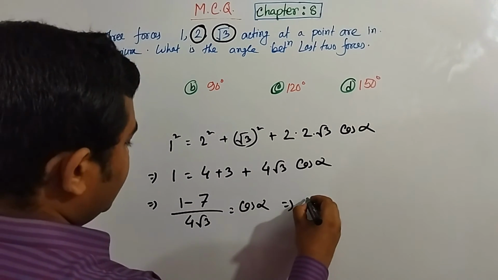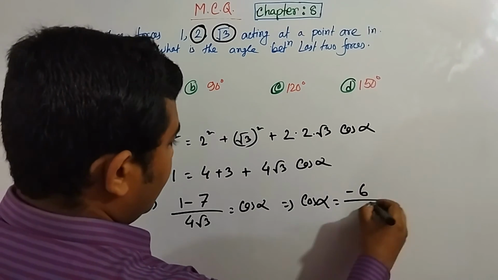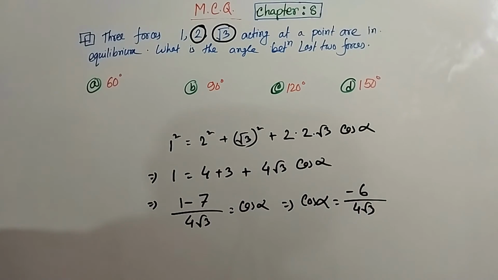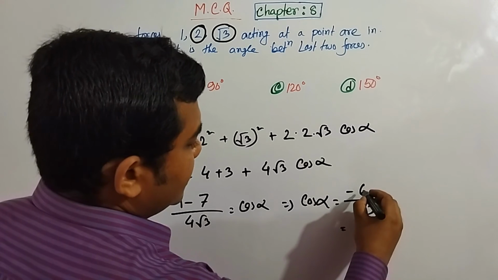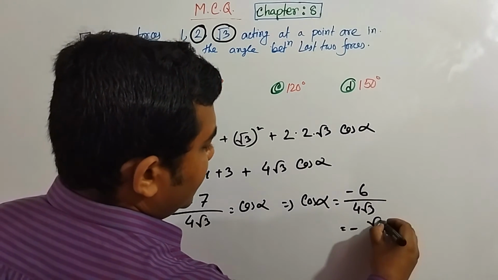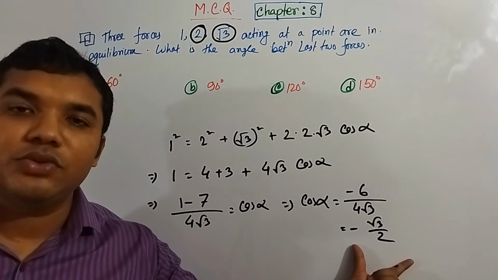So it should be cos alpha equals minus 6 over 4 root 3. If we cut it down, it should be minus 2, so it should be 3 and then root 3 by 2. So cos alpha equals minus root 3 by 2.